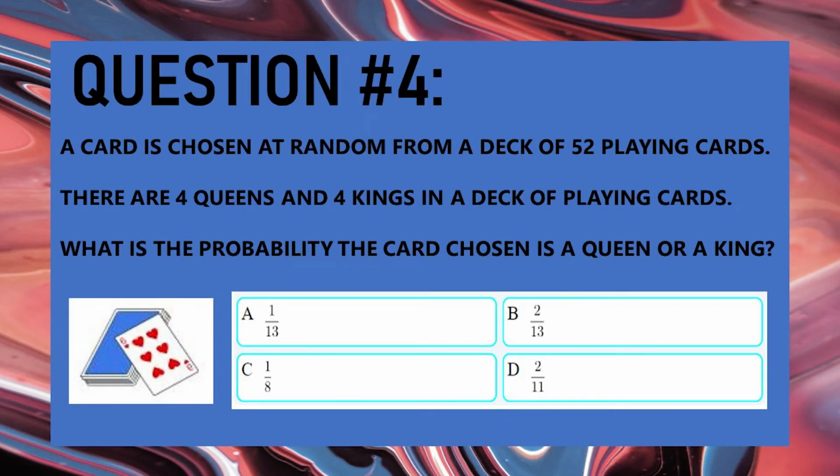Question number 4. A card is chosen at random from a deck of 52 playing cards. There are 4 queens and 4 kings in a deck of playing cards. What is the probability the card chosen is a queen or king? Letter A, 1/13. Letter B, 2/13. Letter C, 1/8.